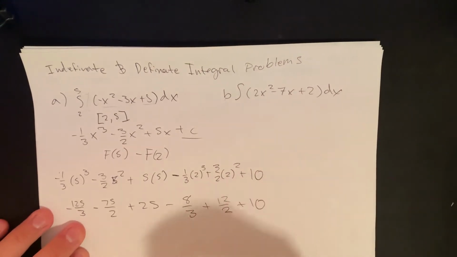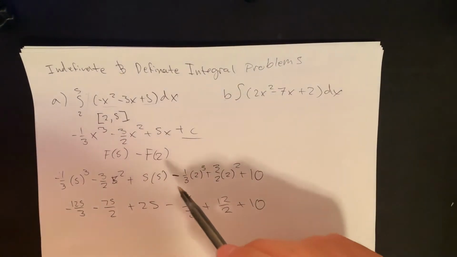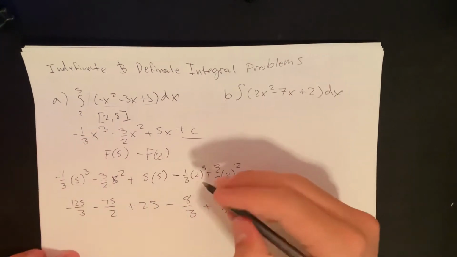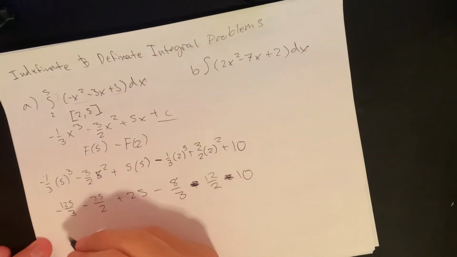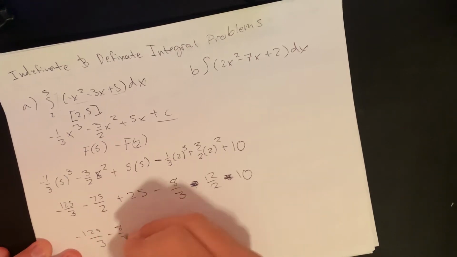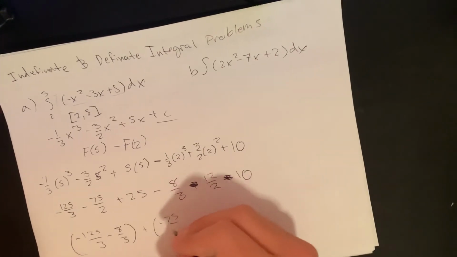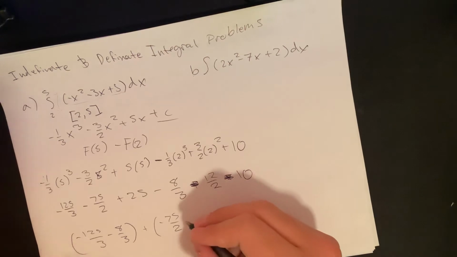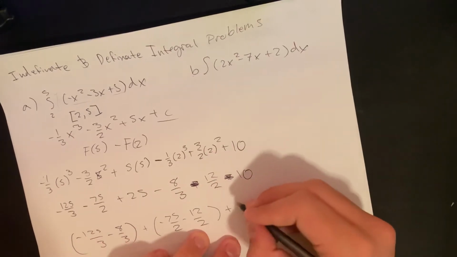And then we combine these all together. This will be distributed equally onto that, so we need to make this accordingly. So this will be minus and this will be minus. So then we'll get negative 125 over 3 minus 8 over 3, and then we'll add negative 75 over 2 minus 12 over 2, and then minus 10, so it'll be plus 15.